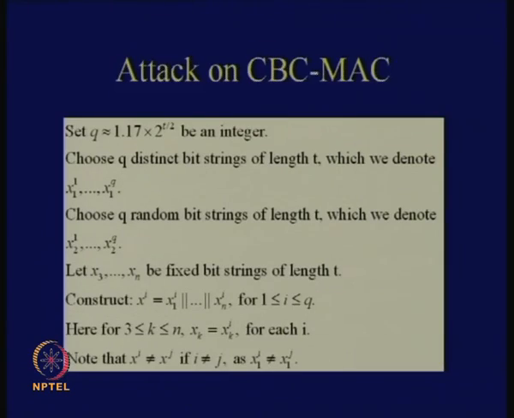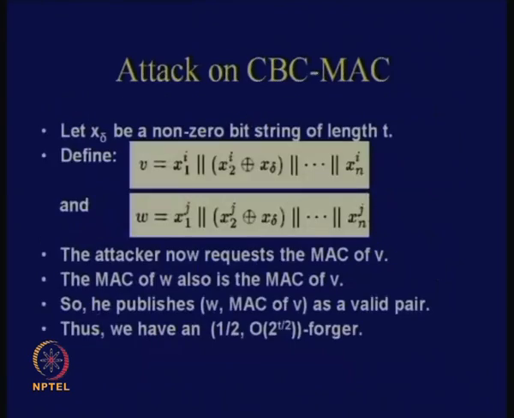I did q plus 1, but the order is 2 to the power t by 2, and what is the probability of success? Half. So, what we have done is made a half, O 2 to the power t by 2 forger. So, that follows from the Birthday paradox. Okay. So, you see that the Birthday paradox has got a lot of applications in cryptography and cryptanalysis. A simple algorithm, but it has got huge applications.